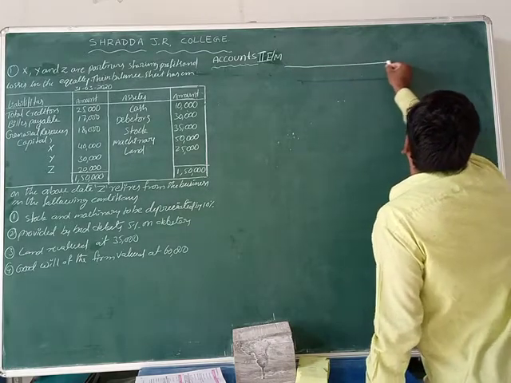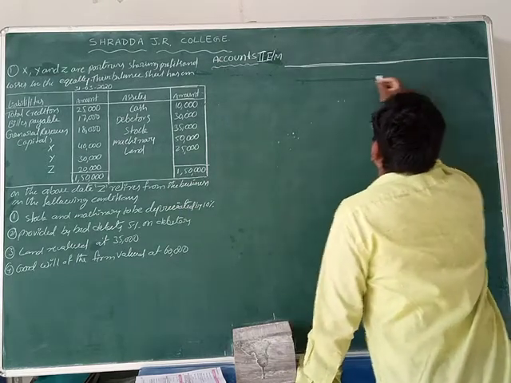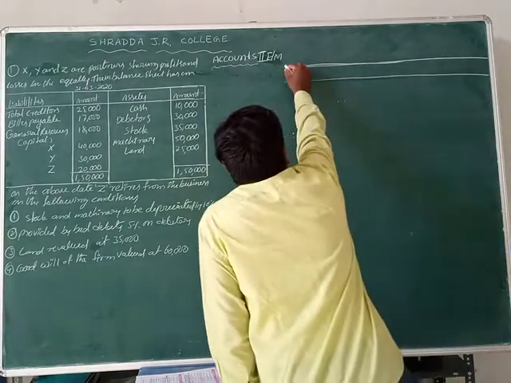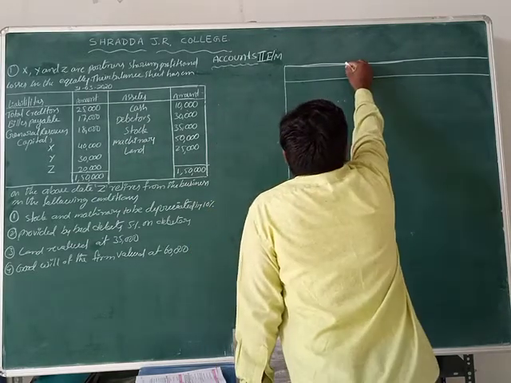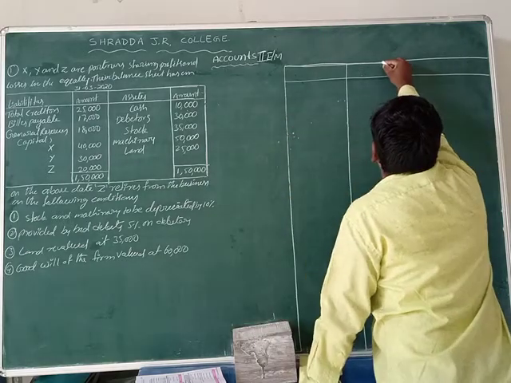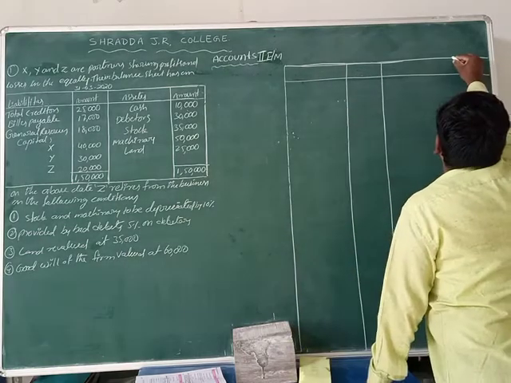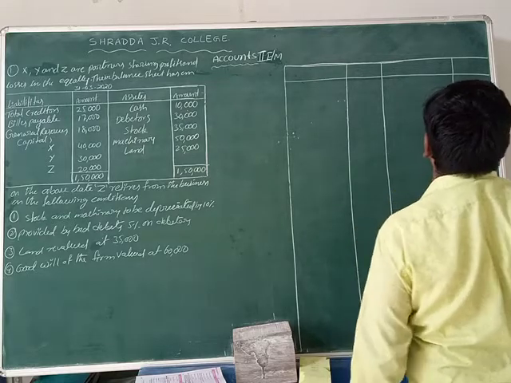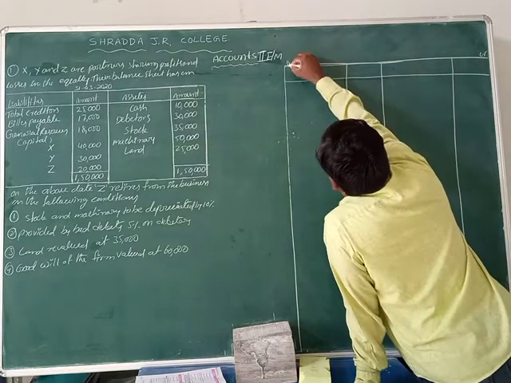We'll take the revaluation account here. I am giving the revaluation account format. First particulars, second amount rupees, third particulars and amount rupees. Right side we write credit, left side we write debit.